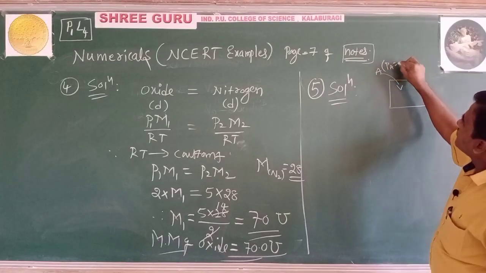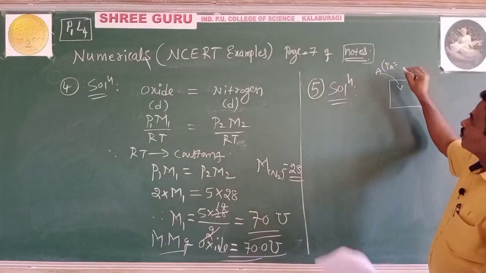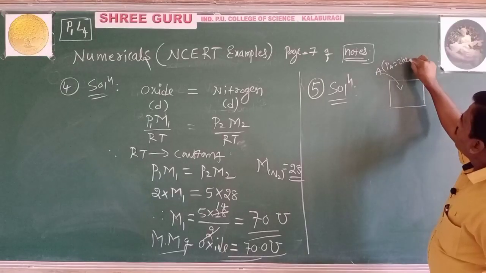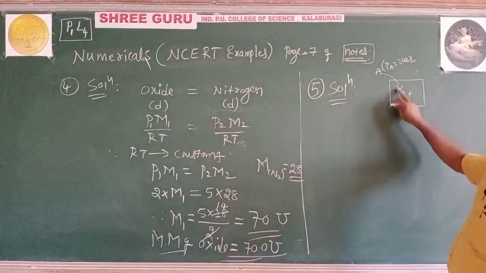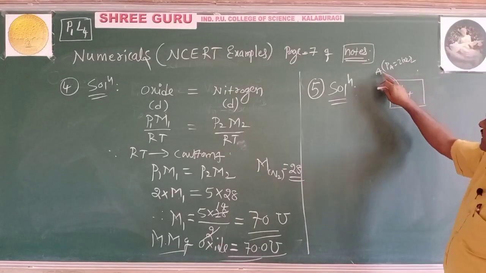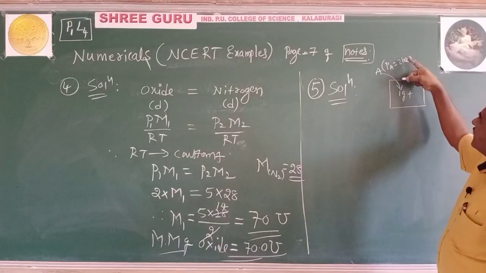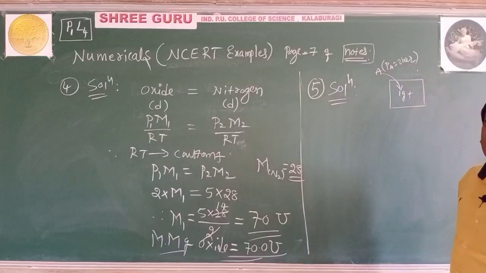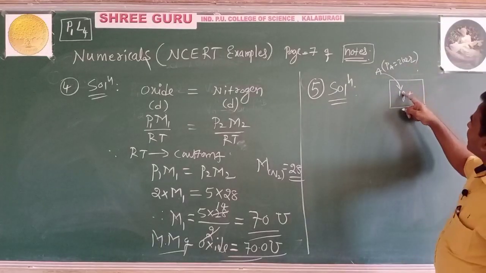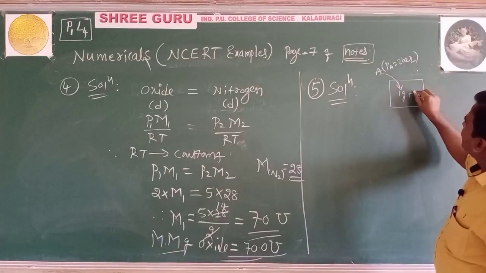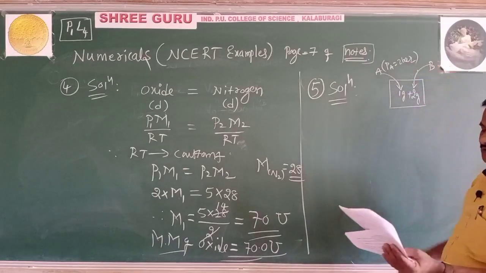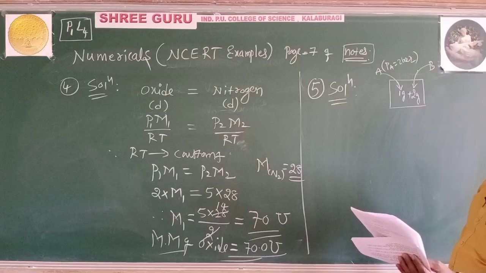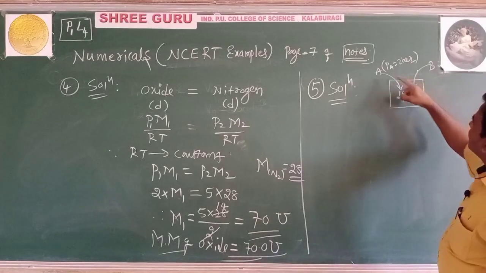When 1 gram of gas A is inside the container, it exerts a pressure of 2 bar. To the same container, 2 gram of another gas B is introduced.